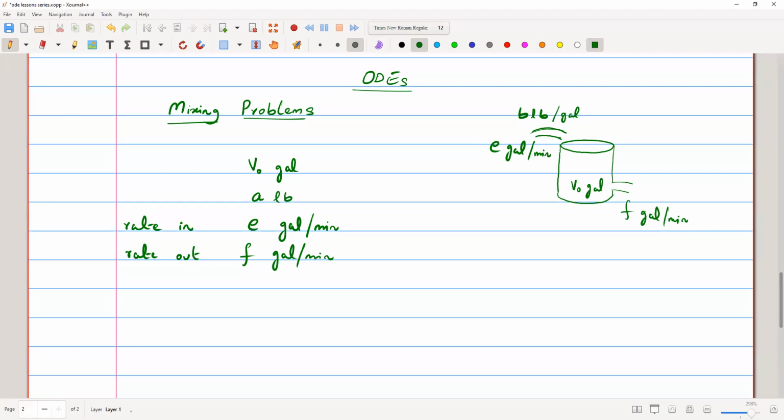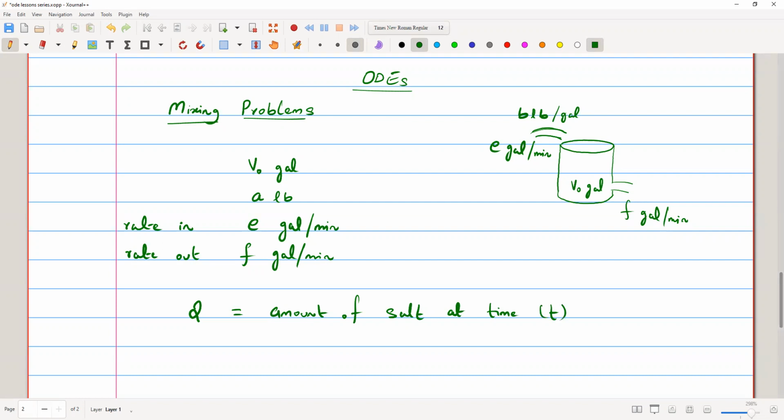Now let Q denote the amount of salt at any time t that is present in the tank.